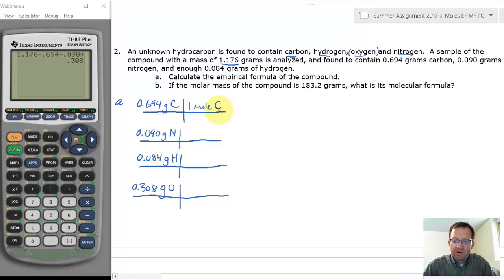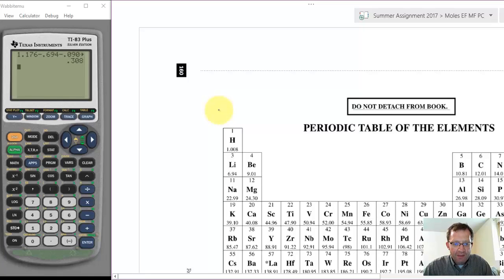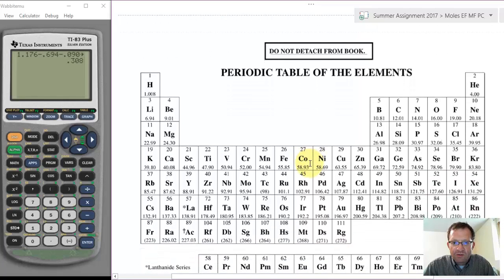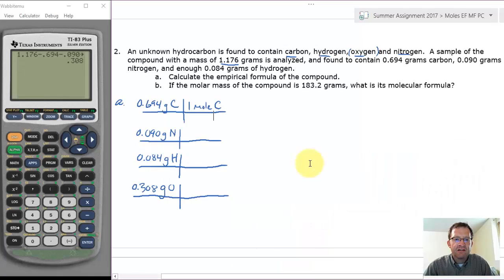Okay, so 1 mole of carbon. Again, like in the last one, we're going to need to go to our periodic table here and look at the masses for the various elements. And you can look them up just like we did in the last one. But there's carbon. We need nitrogen, oxygen, hydrogen. They're all here. So the atomic masses that are listed there, we're going to go ahead and use. Carbon is 12.01. Again, one that you'll use a lot this year and get used to.